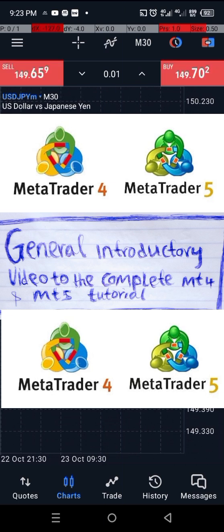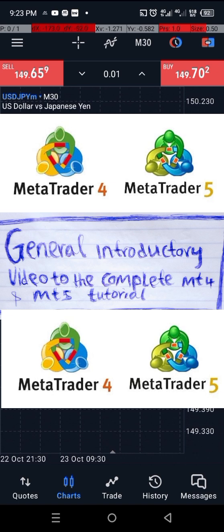This is to say that if you can use MetaTrader 5, you can be able to use MetaTrader 4. So in the last section of this introductory video, I would like to state some few differences between MetaTrader 4 and MetaTrader 5 for clarity purposes.